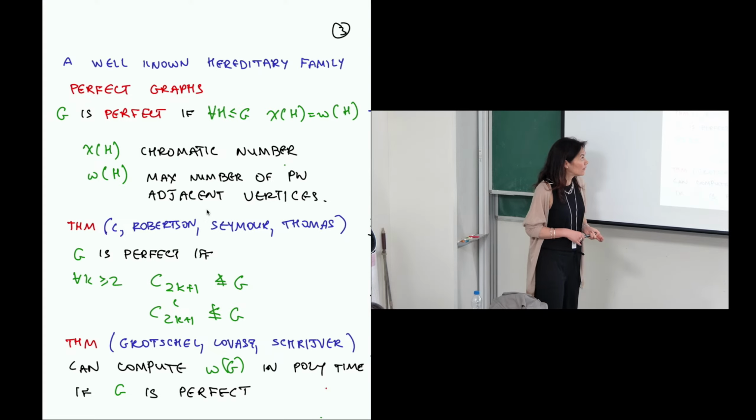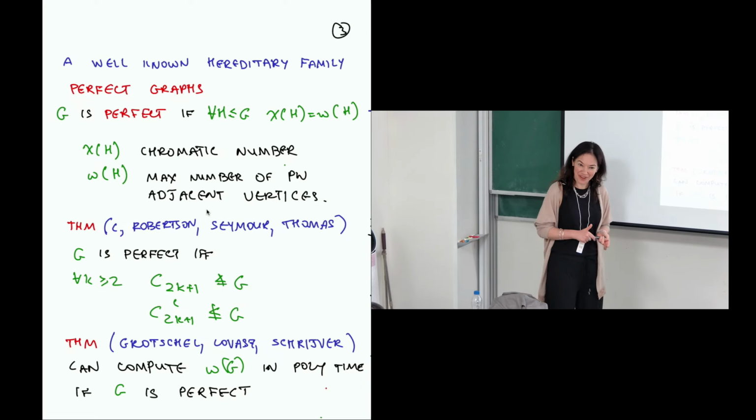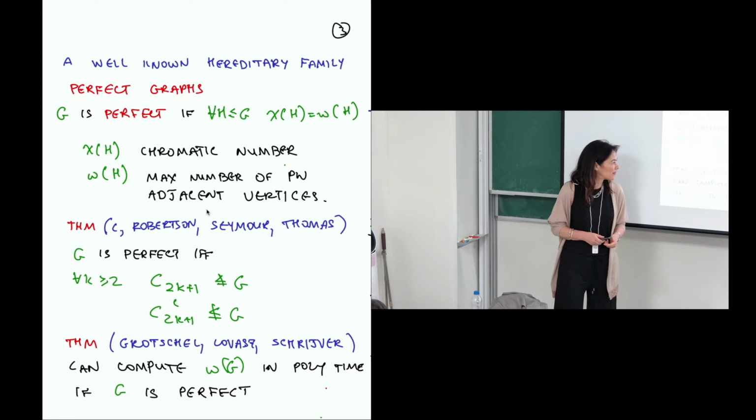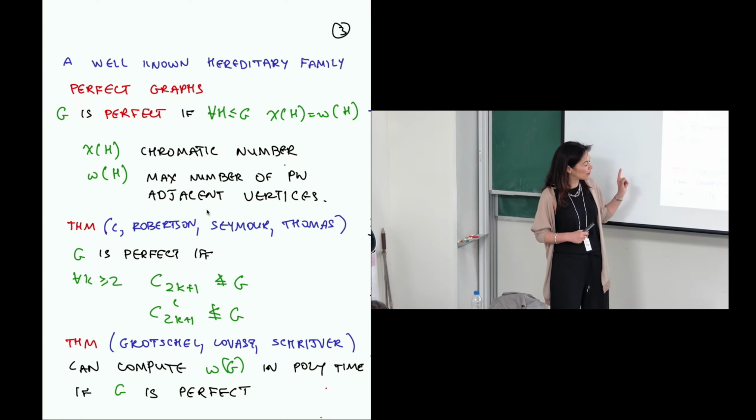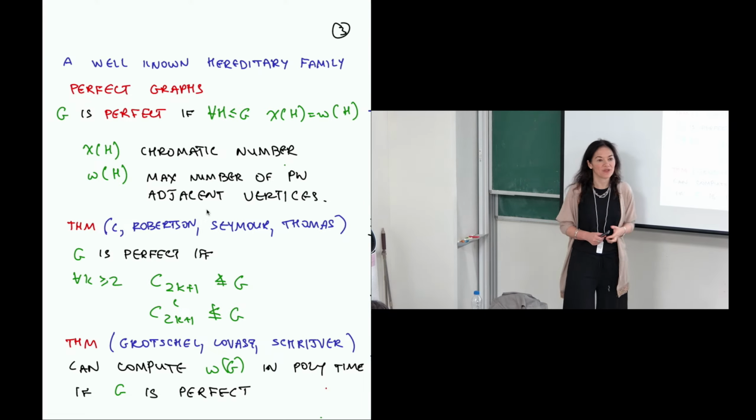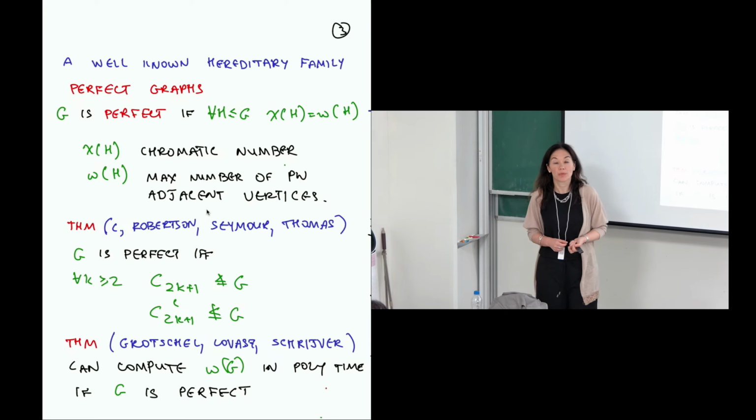And then there are more surprises about perfect graphs. There are people who understand polytopes who can tell you many interesting things about them, but I'm not going to do that. Instead, I'll tell you that perfect graphs behave surprisingly nicely algorithmically. What does that mean?